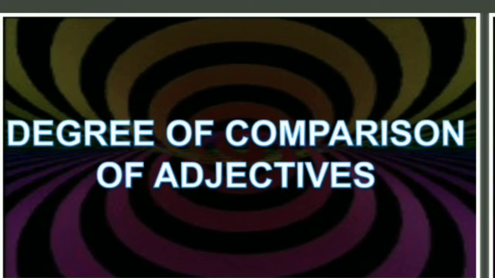Therefore I did not receive any email regarding adjectives. Students, if you have any doubt, please feel free to email me so that I'll be able to solve all your problems. Okay, students. So today in part 3 we'll be learning about the degrees of comparison of adjectives.